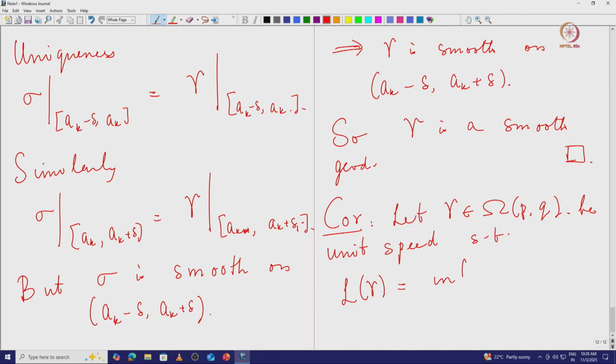So it is equal to the infimum over the set of all admissible paths from P to Q of the length of sigma. Okay. So then the consequence is that gamma is a geodesic.